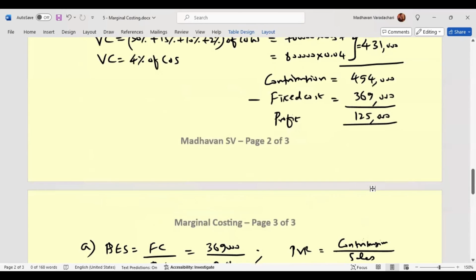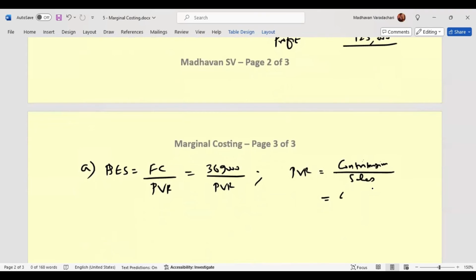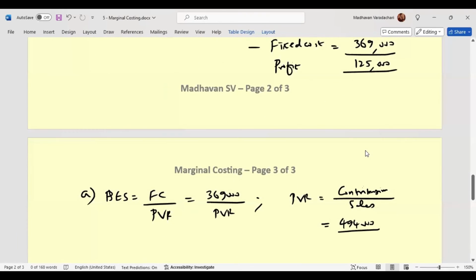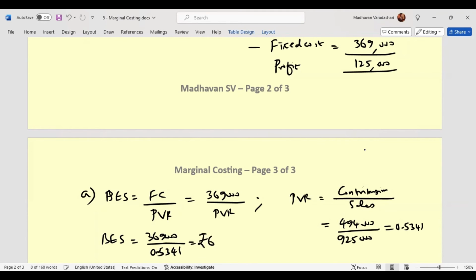Contribution we calculated here, 494,000, divided by sales. Sales is 925,000. So that will give us 0.5341. That means our break-even sales will be 369,000 divided by 0.5341. That will give you rupees 690,882.